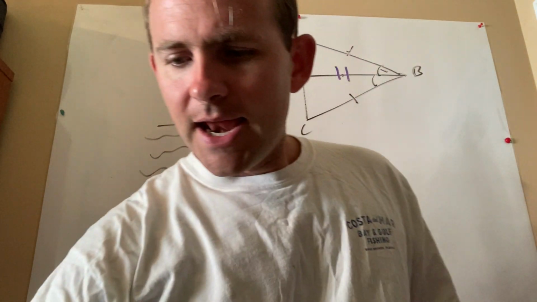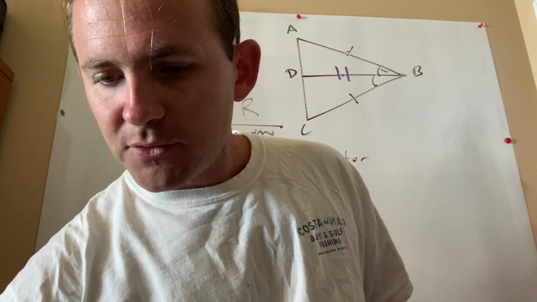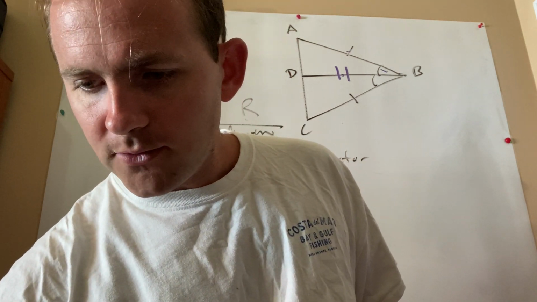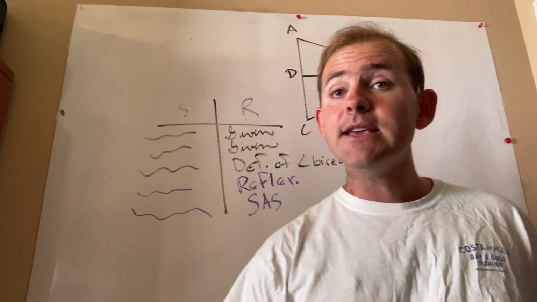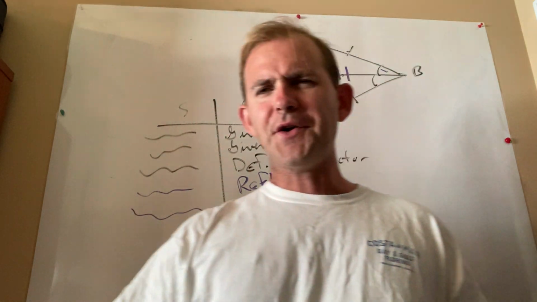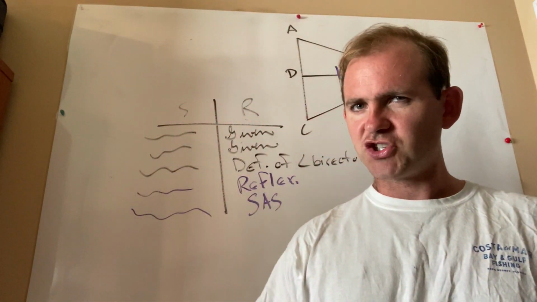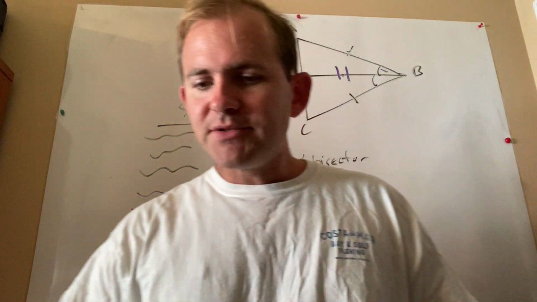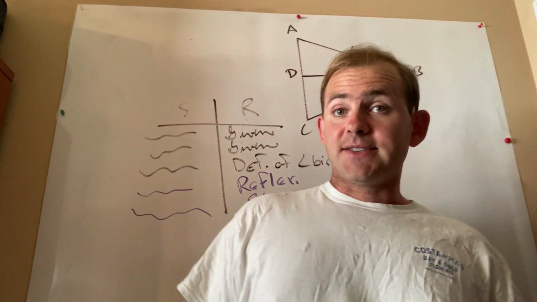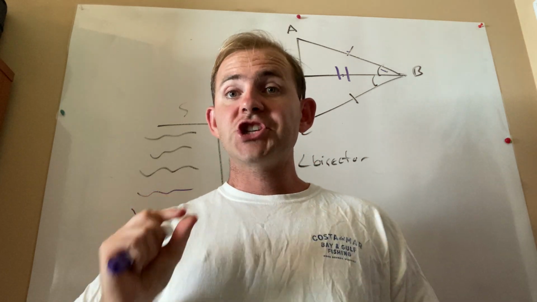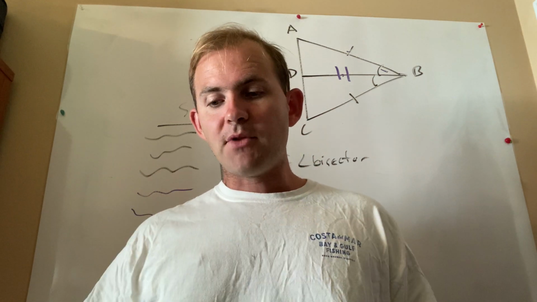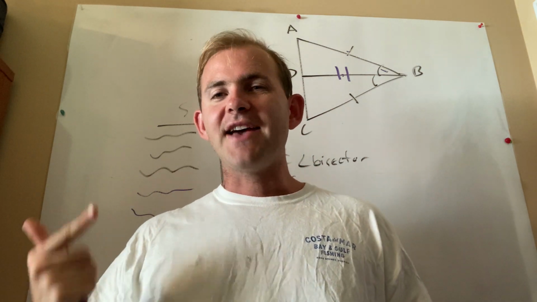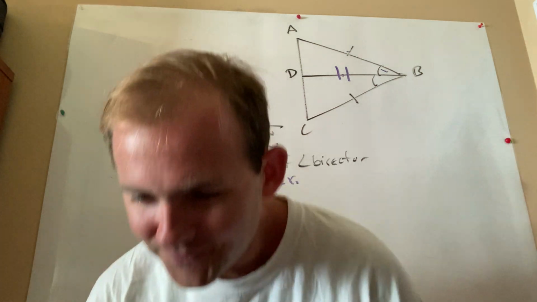All right. Now, just looking for a moment at a few of the examples down below, we're going to actually look at the evens together. Just very briefly, not necessarily even with the pictures, but make sure you're looking with me. Example 2, would it be SSS or SAS? Well, notice the shared side. So I could put 3 tick marks on that shared side, and then I have SSS.